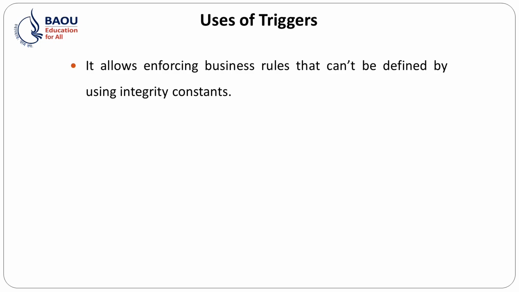That is possible by a trigger, not by integrity constraints like primary key and foreign key. So the business rule constraints are enforced by the trigger. Any necessary constraint, we define using the trigger.